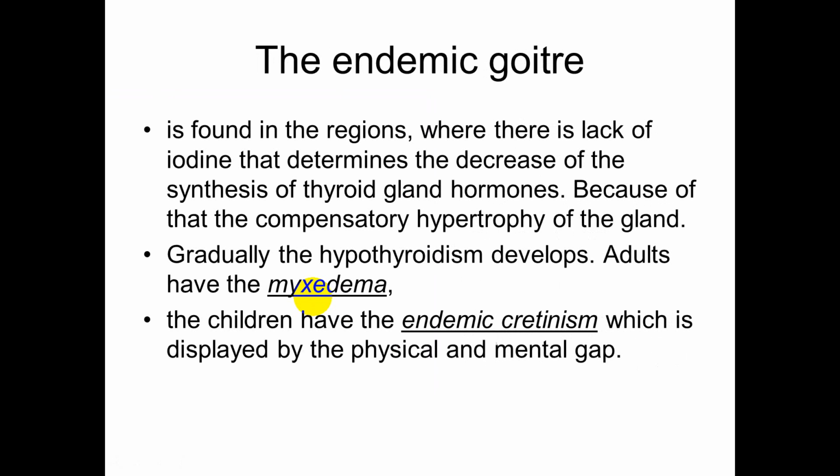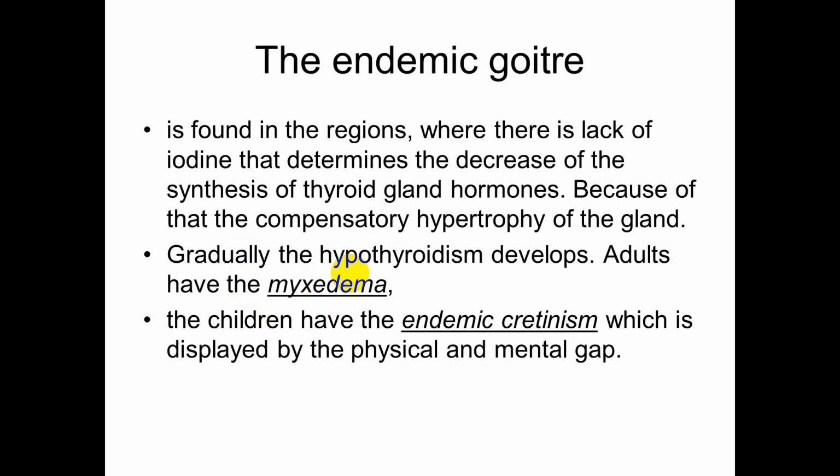The endemic goiter is found in regions where there is a lack of iodine, which determines the decrease of the synthesis of thyroid gland hormones because of the compensatory hypertrophy of the gland. Gradually, hypothyroidism develops. Adults have myxedema.